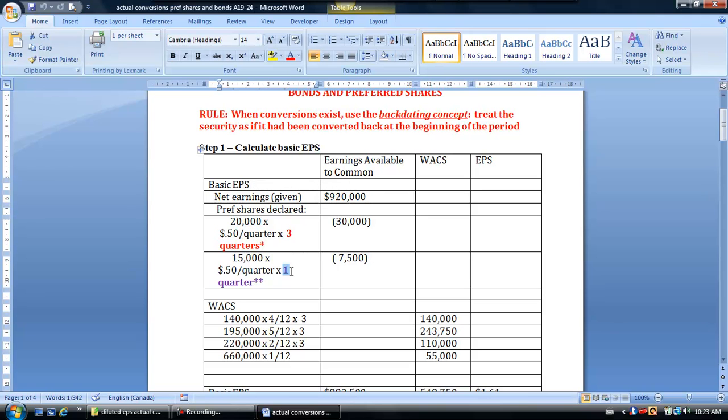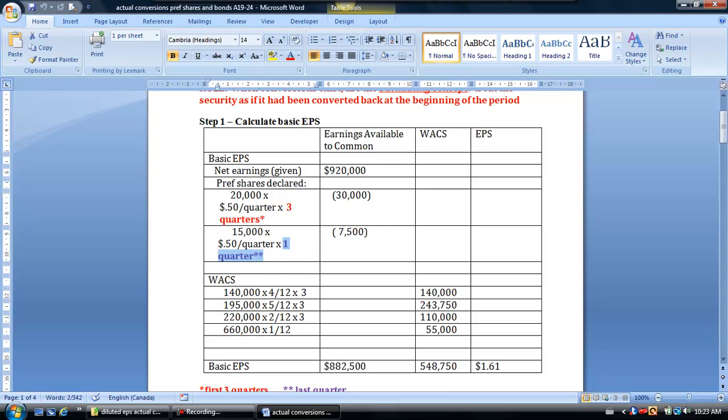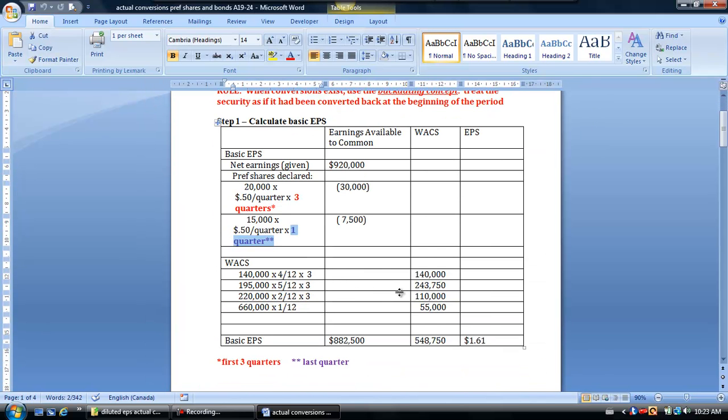It's just in the last quarter, so if you go down here, maybe I'll just shrink the screen a bit. I don't know how it's going to affect your view. But you can see I'm telling you that these 3 quarters are the first 3 quarters because in those first 3 quarters, that's when you paid preferred share dividends on the full amount. Right, the full 20,000 that were outstanding with the preferred shareholders over the first 3 quarters.